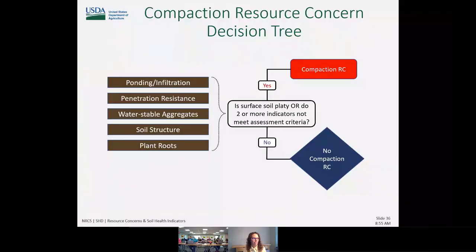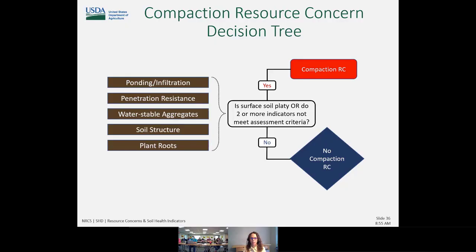We will start looking now at the decision trees for the indicators. When you're assessing compaction as a resource concern, the primary associated indicators that you review in the field assessment are ponding and infiltration, penetration resistance, water stable aggregates, soil structure, and plant roots.